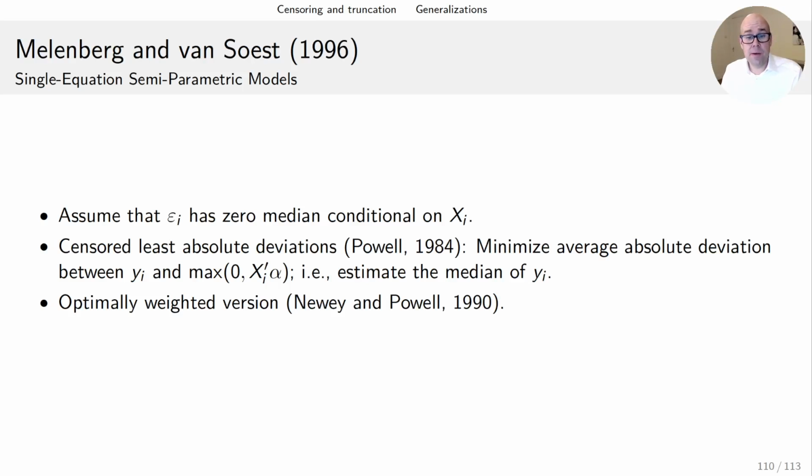This gives you a criterion function that you can minimize. And when you do that, you're not trying to fit the mean, you're trying to fit the median for a given x, and that will work out, it turns out. I'm being brief here. There is not enough time to cover this in more detail, but I hope you get the main idea.